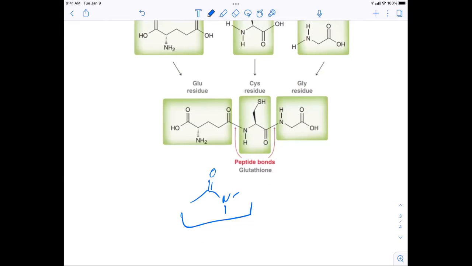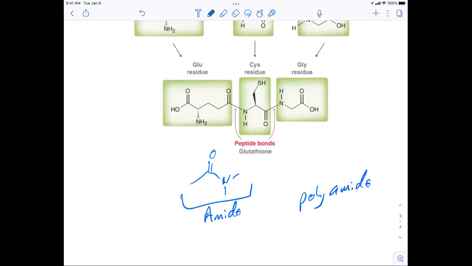Carbonyl with a nitrogen attached? It's an amide, right? We covered that in the carboxylic acid derivatives, right? So what a peptide is really just a polyamide. And the peptide bond is just that bond right there, right? That's the peptide bond. Right, so peptides are going to be polyamides.